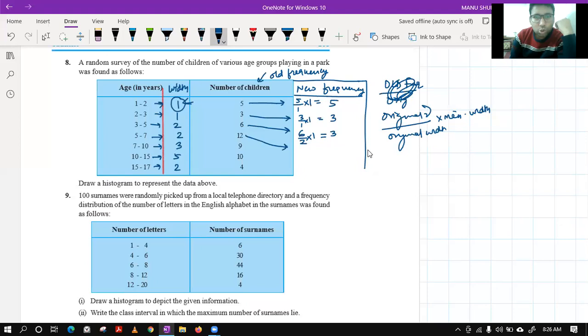Here also 12 was the original frequency divided by the width, that is 2, multiplied with minimum, you get 6. In this case 9 upon 3 into 1, this will be 3. So this way we can find the new frequencies and plot the graph easily.